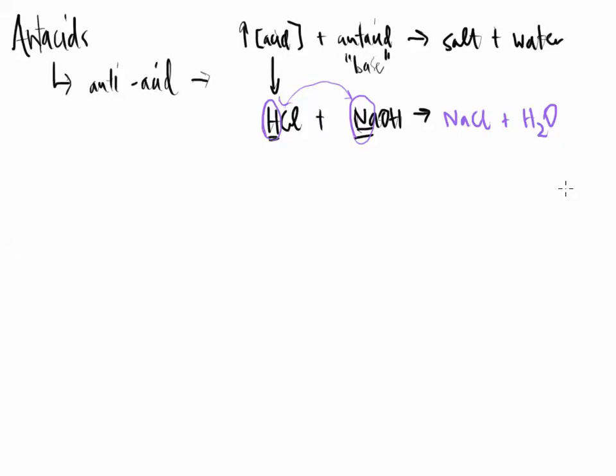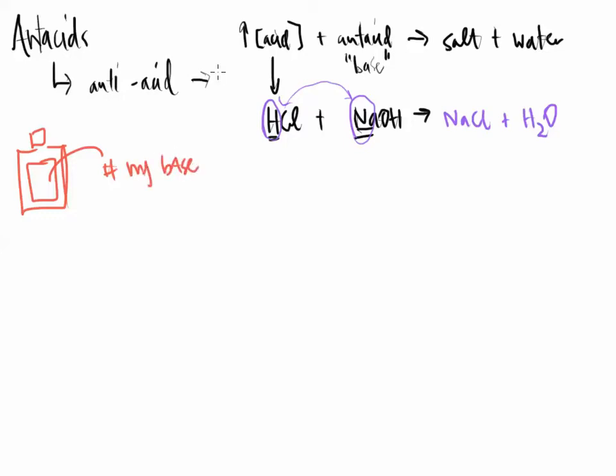So in today's lab, what we're doing is that we are titrating an antacid. We want to know on the back of this bottle that I have purchased. So here's my antacid bottle. There's a label. And on this label, it gives me the number of milligrams of the base.